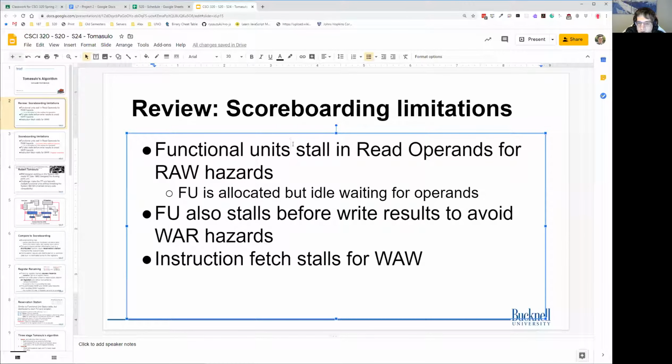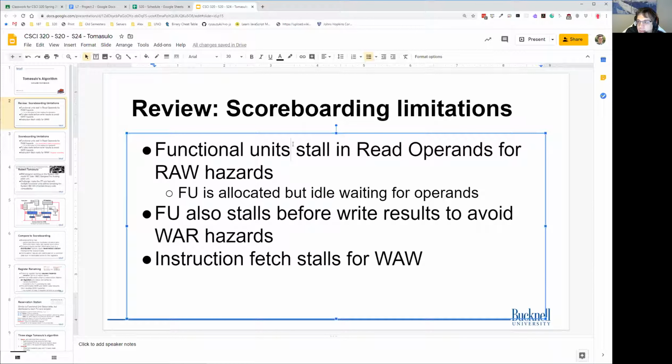So we have a lot of stalling here, and we also stall before we write the results back in order to avoid having two things write at the same time. Think about a bus. We can only send one data package at a time that can update, for example, a register table, and this leads to further delays.